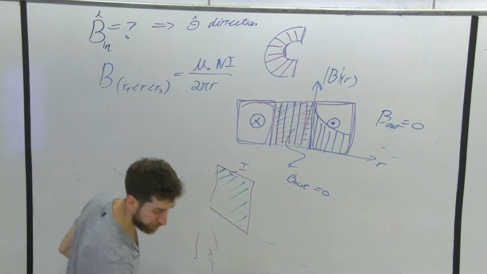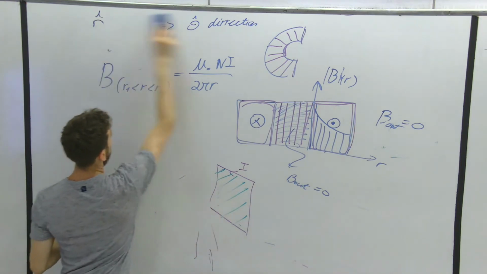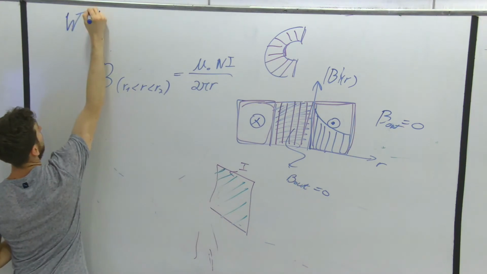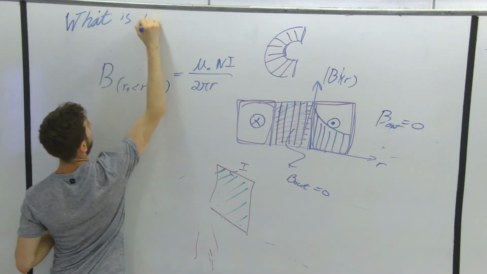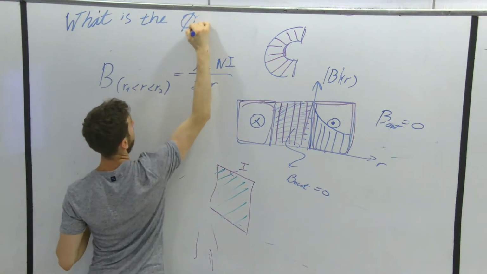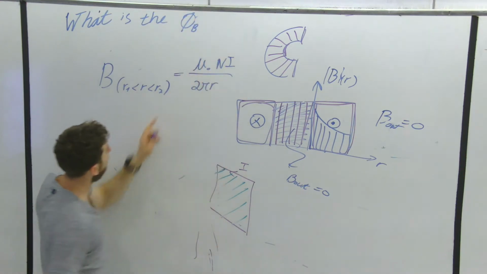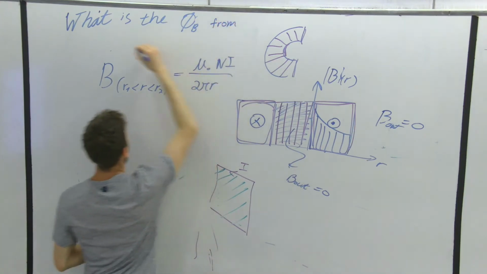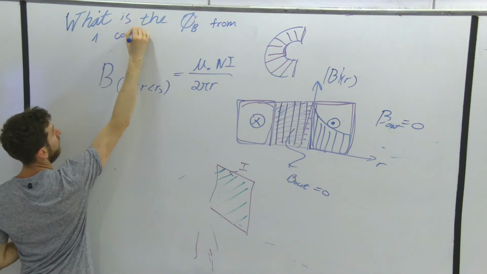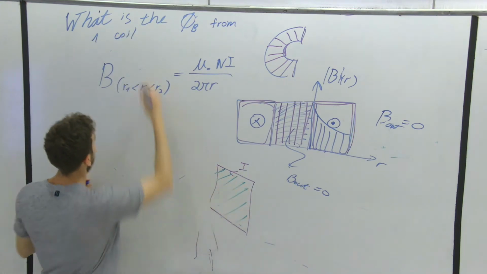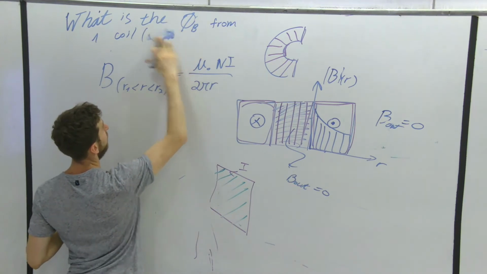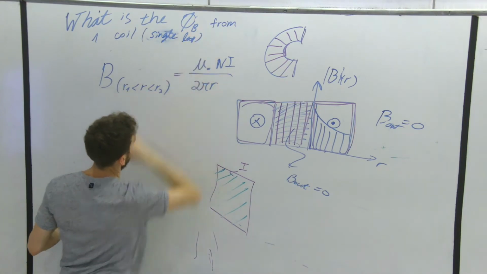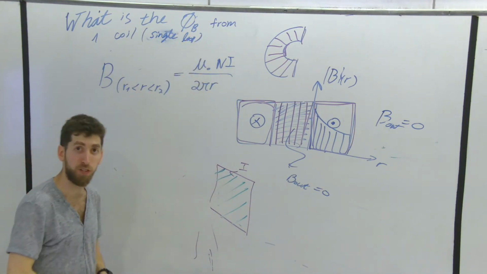What is the phi B, from French, remember? That's how I remember it, phi B. What is the magnetic flux from one coil? Only one of them, only one loop, single loop.